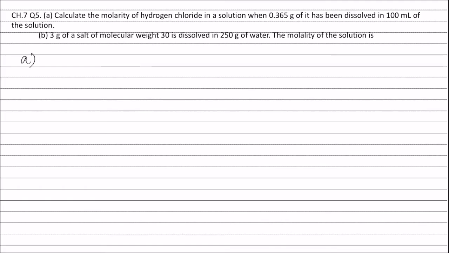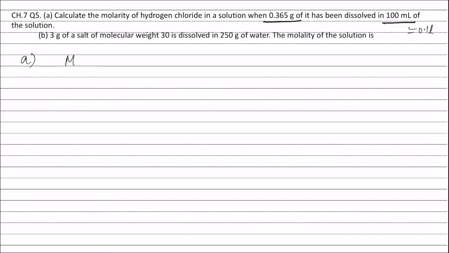Solving the A part, weight of hydrogen chloride is given as 0.365 gram. Dividing weight by molecular weight will give the number of moles of hydrogen chloride, and dividing the number of moles by volume of solution in liters will give the molarity of the solution. The volume is given as 100 milliliters, which is equal to 0.1 liters.